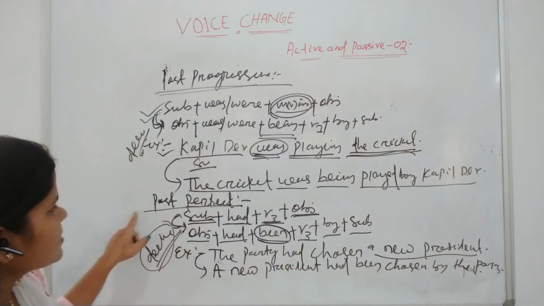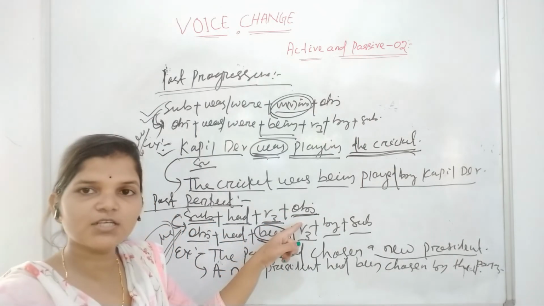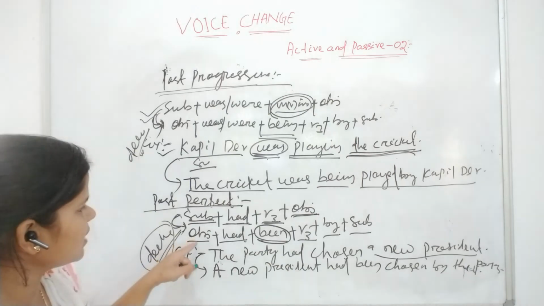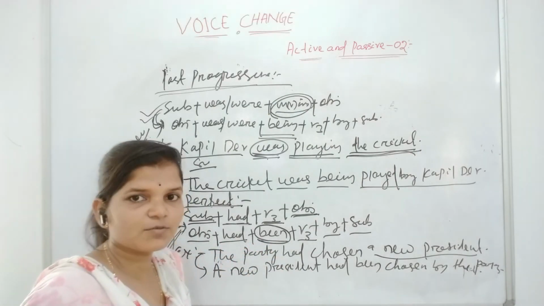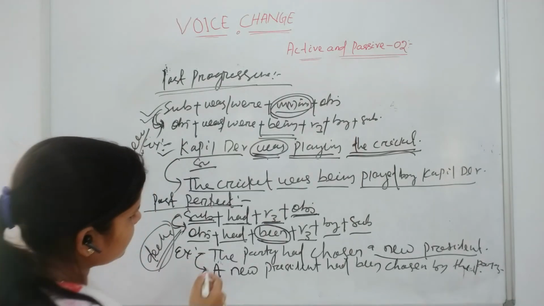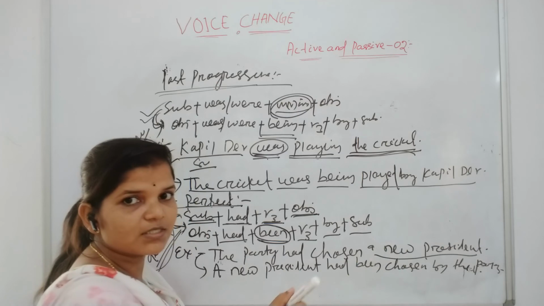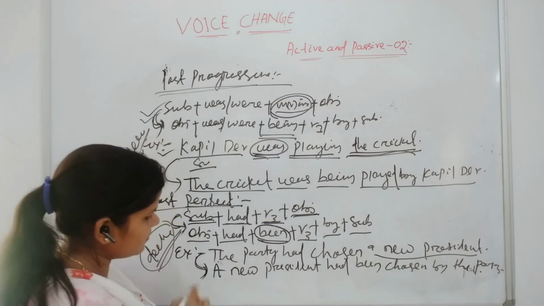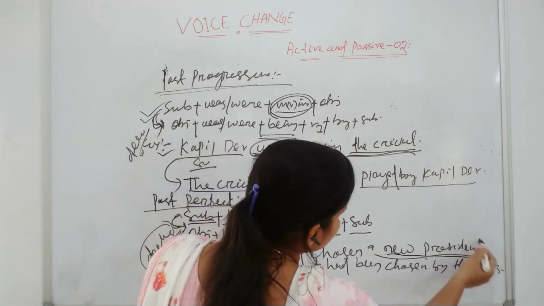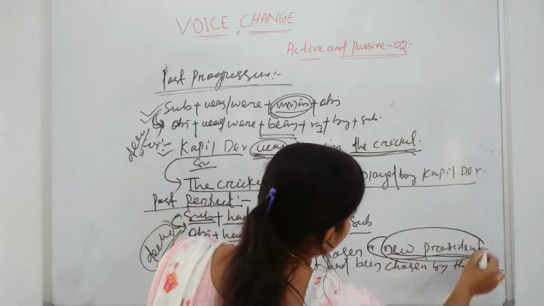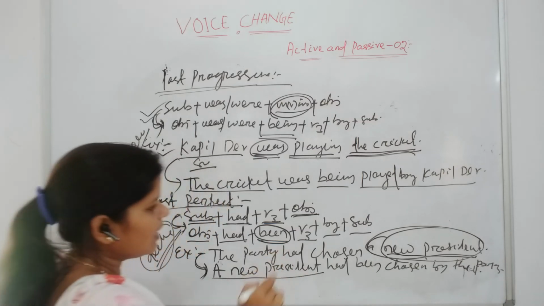Now we discuss past perfect active structure: subject had V3 plus object, whereas converting to passive, object plus had plus been plus V3 plus by plus subject. Example: the party had chosen a new president. Converting to passive, the new president becomes the subject: a new president had been chosen by the party.